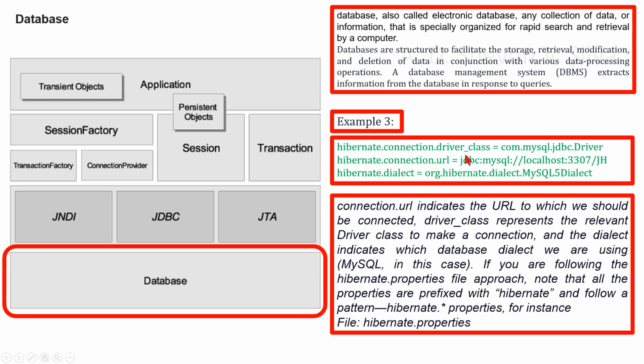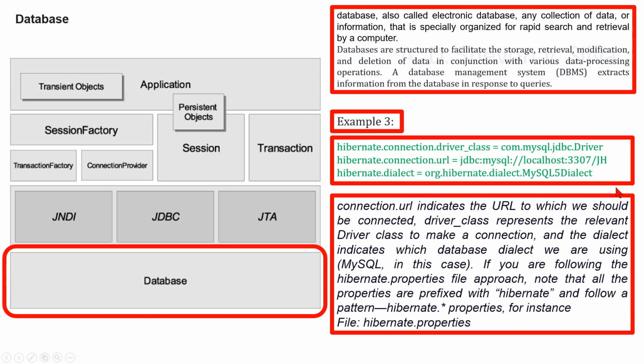Driver class represents the relevant driver class to make a connection, and the dialect indicates which database dialect we are using, MySQL in this case. If you are following the hibernate.properties file approach, note that all the properties are prefixed with hibernate and follow a pattern hibernate.*properties, for instance.